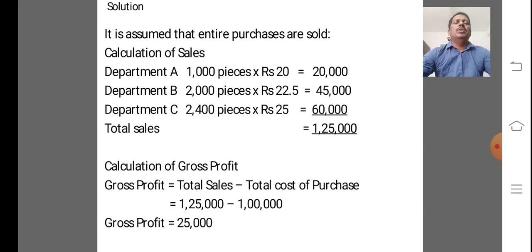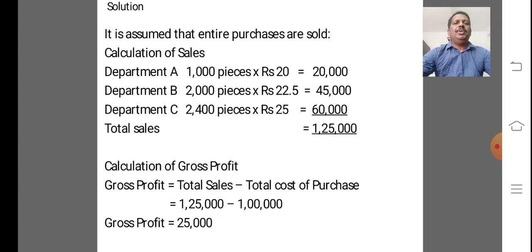Department C: 2400 pieces into rupees 25 is 60,000. Total sales is equal to 1,25,000.